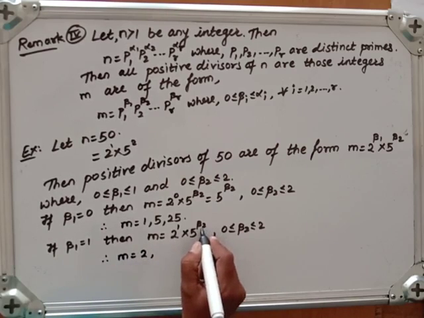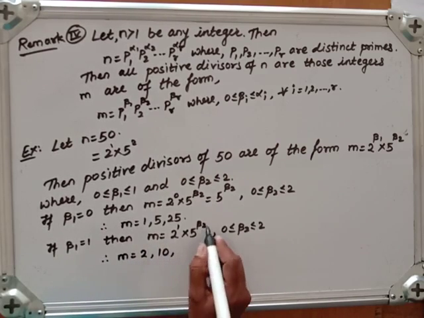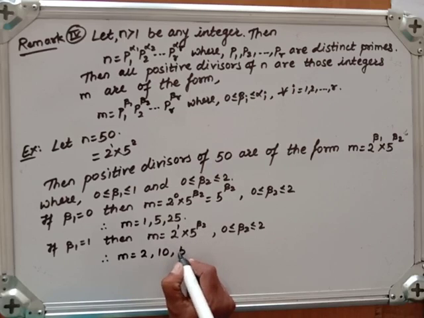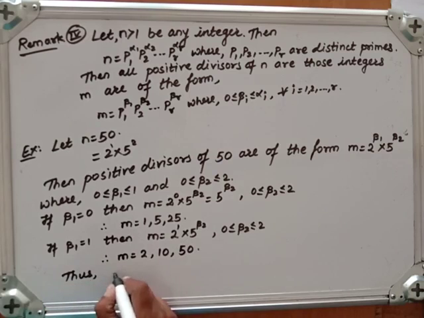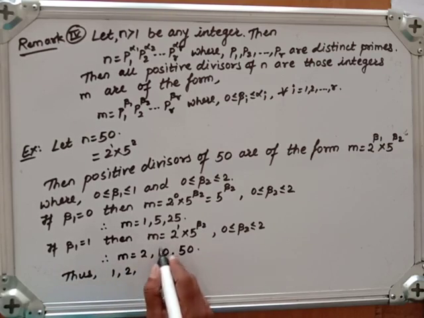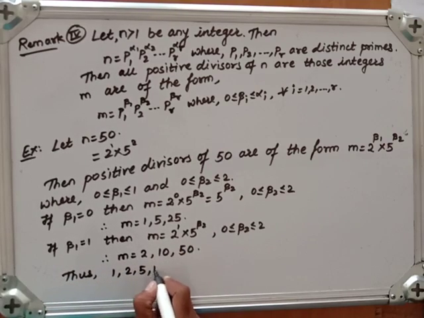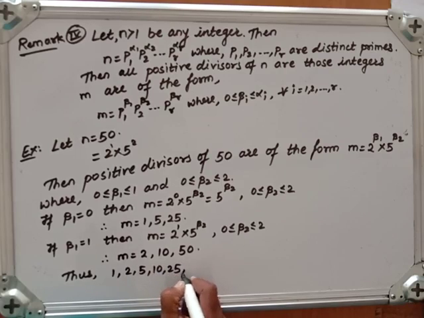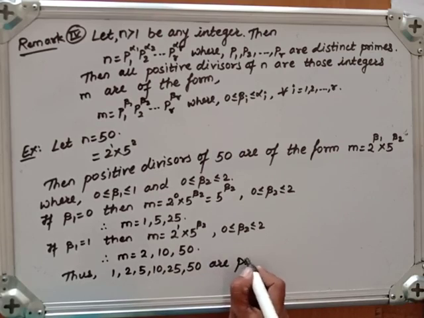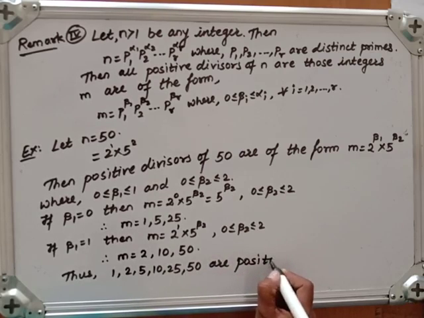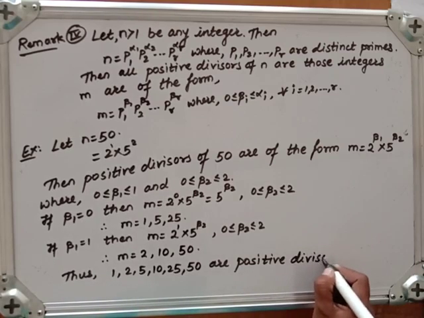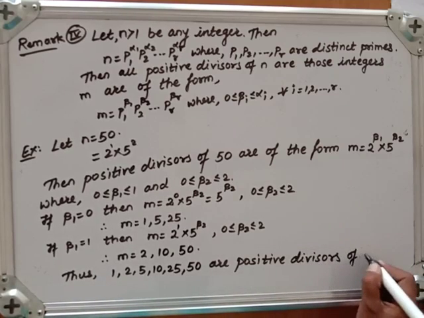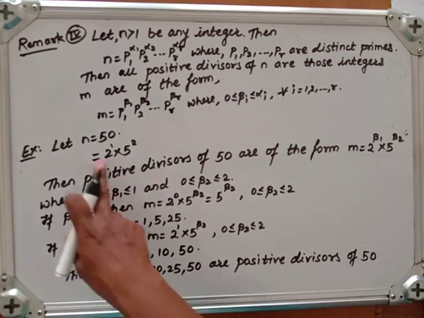Beta 2 is 1, then m will be 10. And beta 2 is 2, then m will be 50. Thus 1, 2, 5, 10, 25 and 50 are positive divisors of 50.